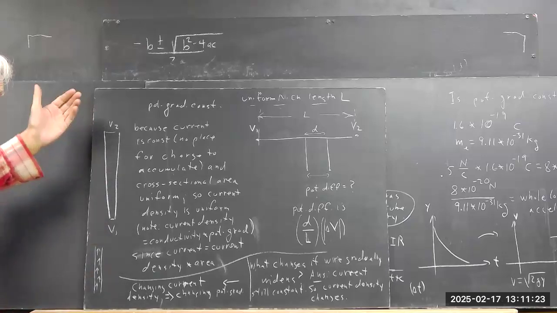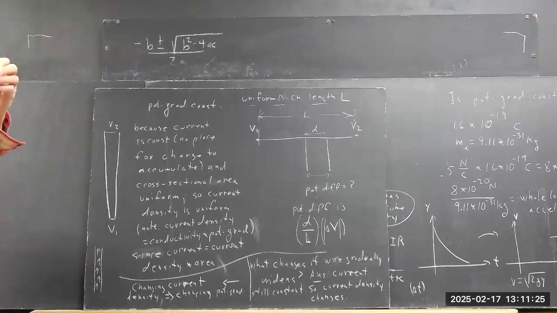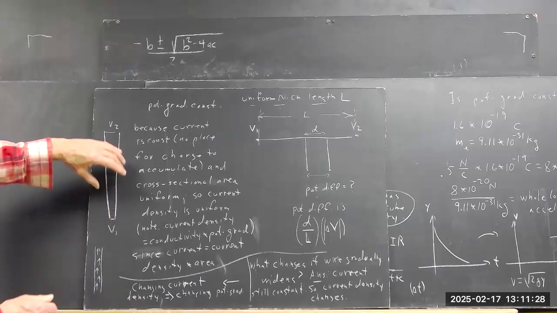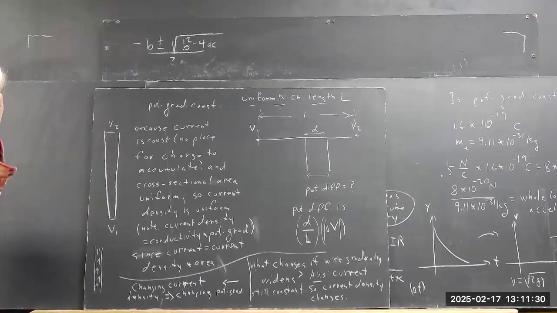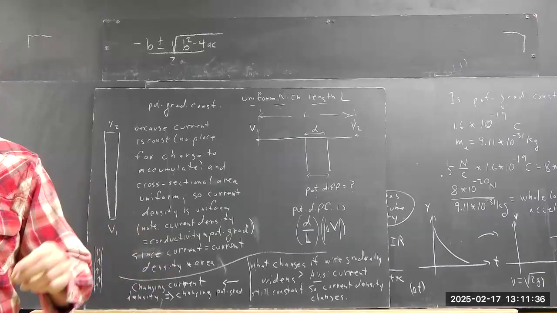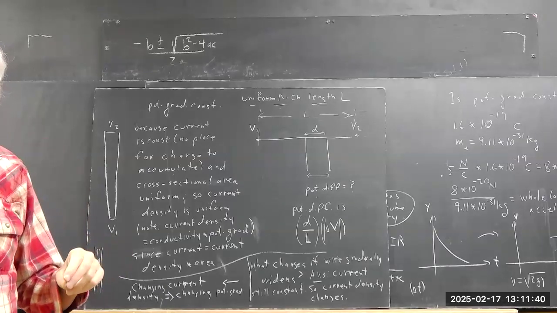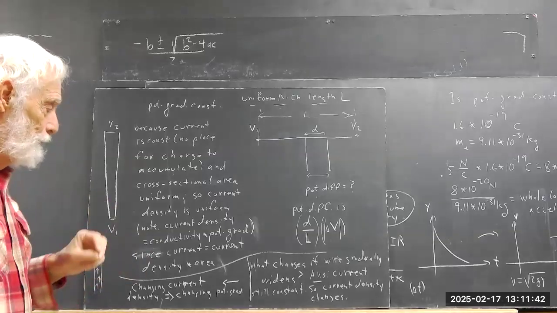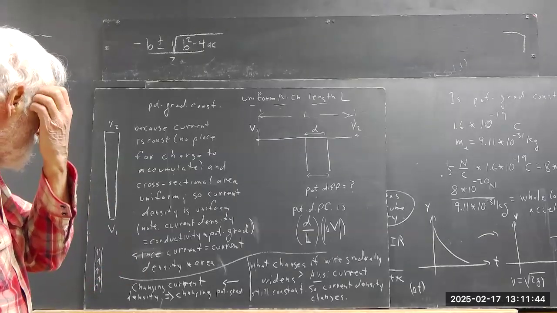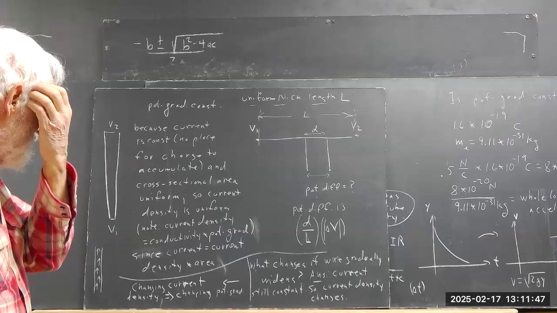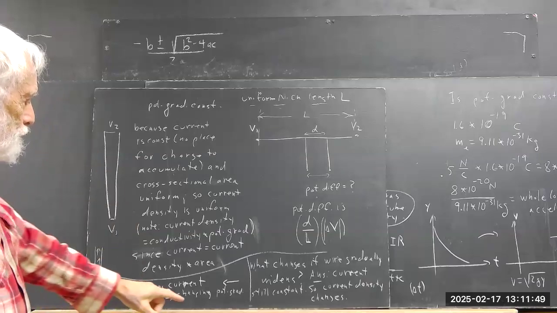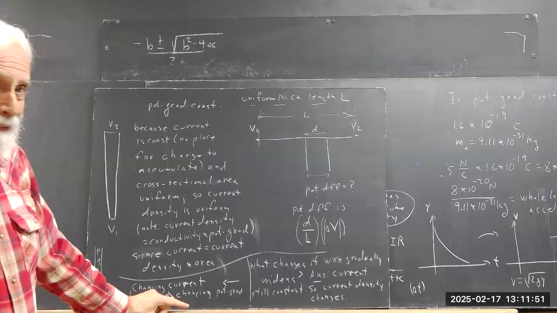Assuming that you're not losing or gaining any fluid between here and here. So the bottom line is the connection you could immediately make, but you're not as familiar with this stuff as you're going to be, is that the potential gradient is going to decrease.